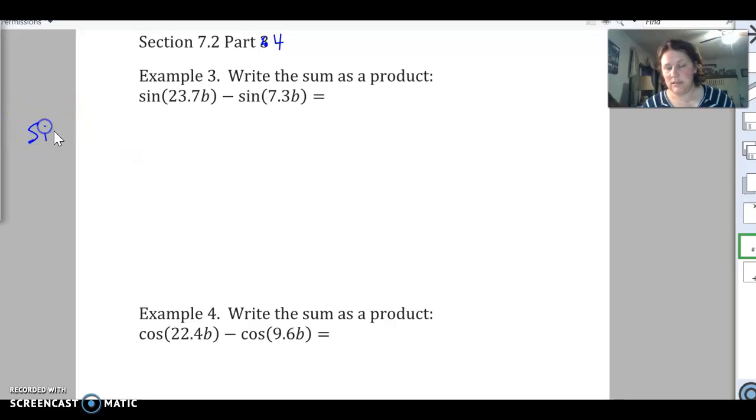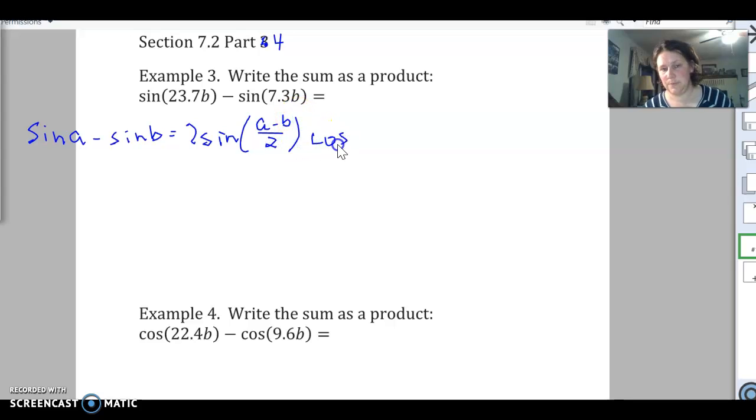So the formula is sine of A minus sine of B is equal to 2 sine of A minus B over 2 times cosine of A plus B over 2.